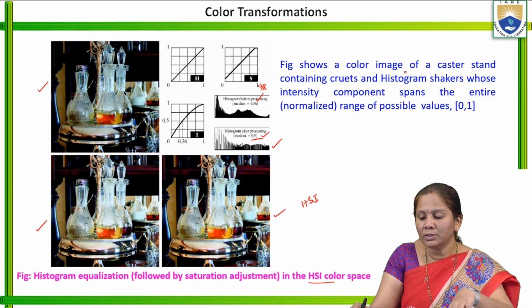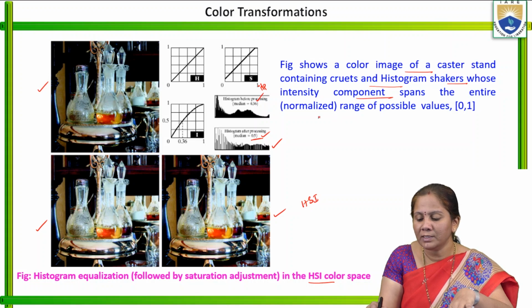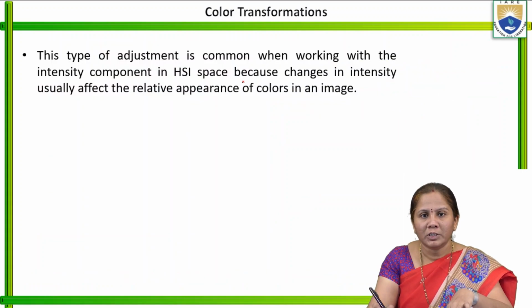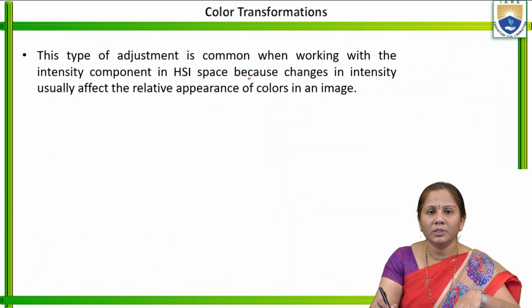This figure shows the color image of the Castor stand, containing crescent histogram shakers whose intensity component spans the entire normalized range between the values 0 and 1. This type of adjustment, histogram equalization, we do to adjust the intensity values in the image.